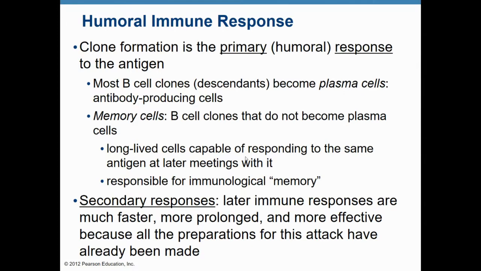And so we have this army of clones that's capable of responding to that same antigen, and we have lots of memory cells that are created. So if you ever encounter that antigen a second time, your response is going to be faster, more aggressive, and you're going to eliminate that antigen from your body much more quickly. That's called the secondary response.